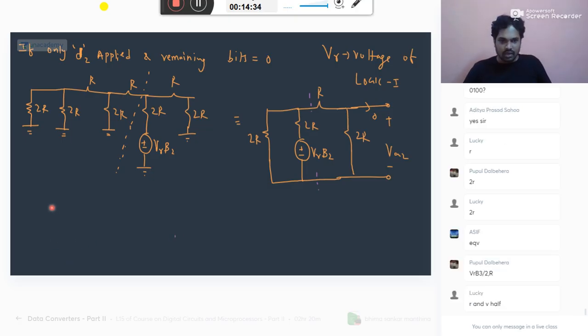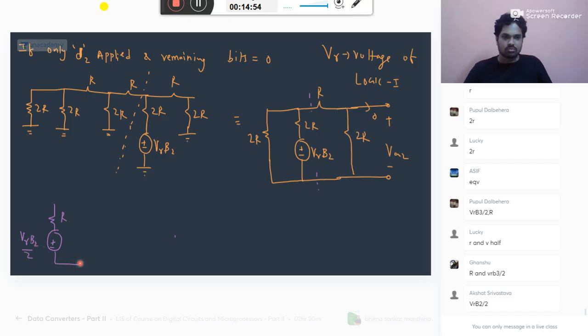Yes, here it will be R and this voltage will be VR B2 by 2. Okay, this part. Next, remaining as it is you take. What is that remaining part? It is R and 2R.